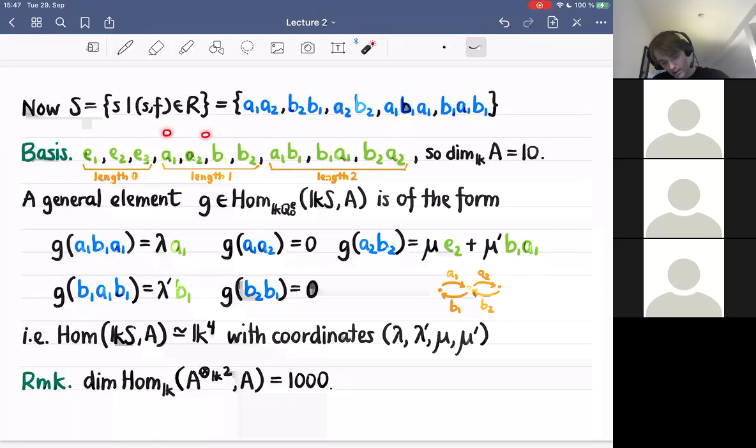It goes A1, B1, then A1 again. And the only path that's parallel to this, which is also irreducible, is A1. So now we can send it to some multiple of A1. And similarly for B1, A1, B1, we can send it to a multiple of B1.